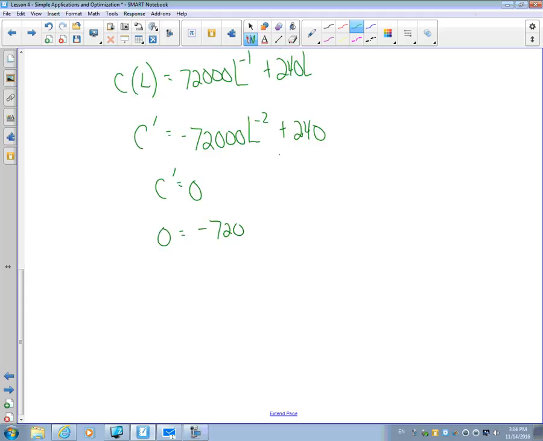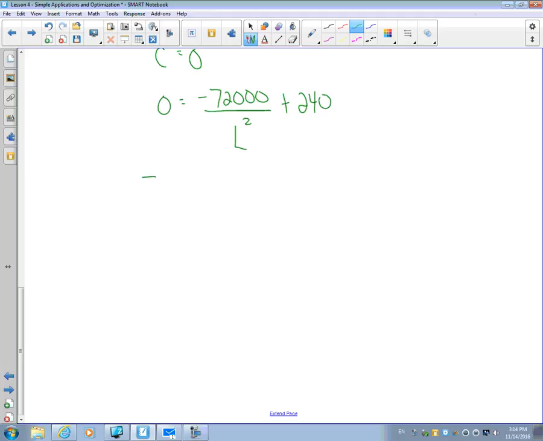I'm going to fix my exponent again, bring it back to the bottom to work with it, and get this expression. How do I solve this? Well, we put numbers on one side and letters on the other. It kind of looks like we should be able to cross multiply. And sure enough, that's what we can do. L times 240 makes 240 L squared.